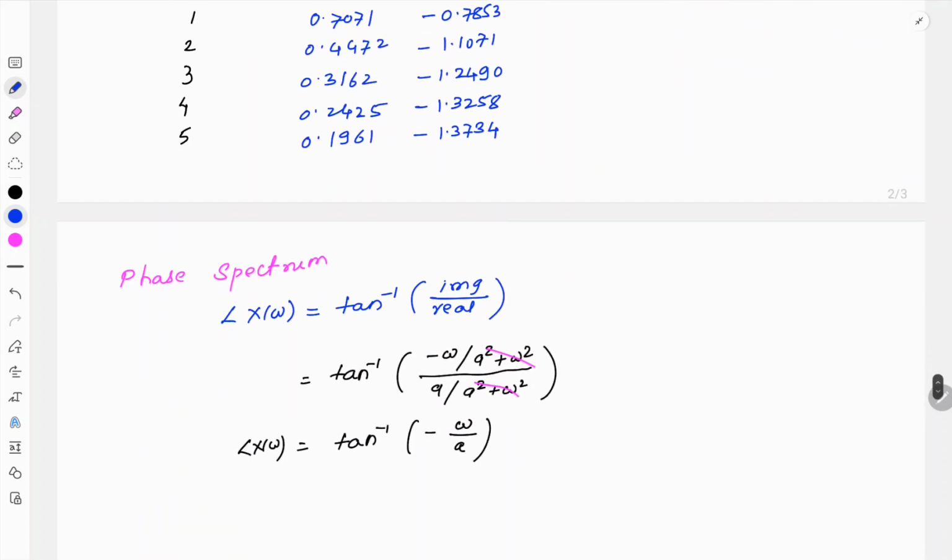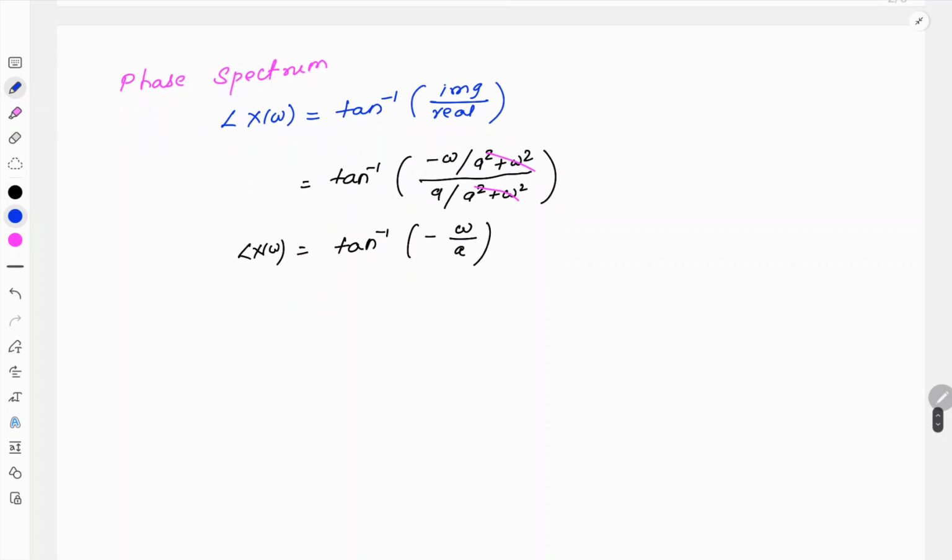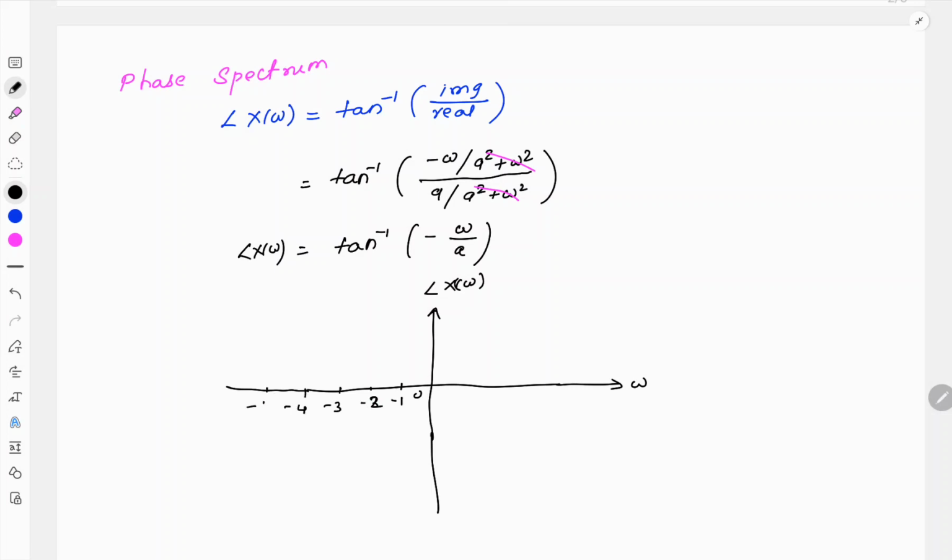So now we are supposed to plot the frequency spectrum or the phase spectrum, which is drawn as omega versus angle of x of omega. So again mark the coordinates minus 1, minus 2, minus 3, minus 4, minus 5, 1, 2, 3, 4 and 5, and now plot the values.